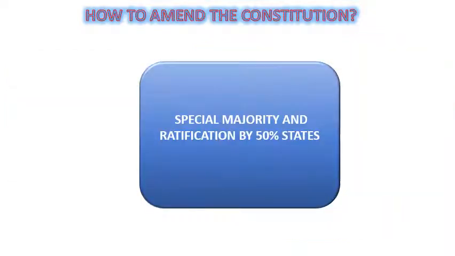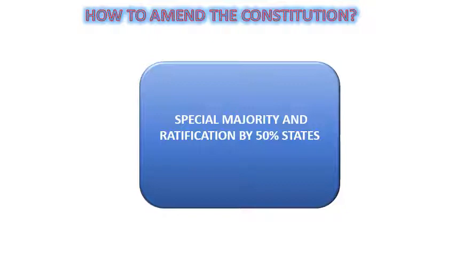The third category is special majority and ratification of 50% of states. Special majority, as we know, consists of two conditions. So if those conditions are fulfilled by the parliament, then in the third procedure, the same amendment proposal is sent to states of the country.